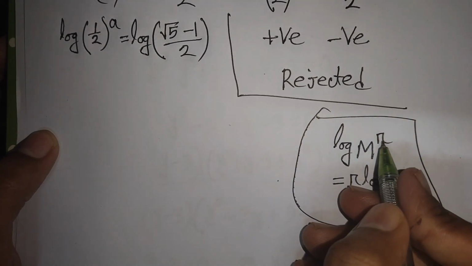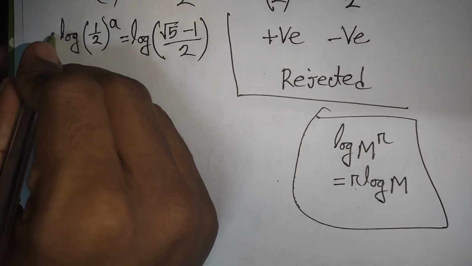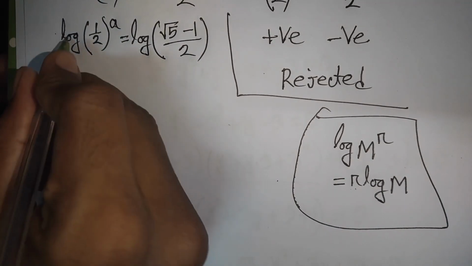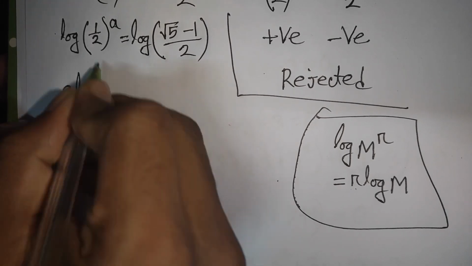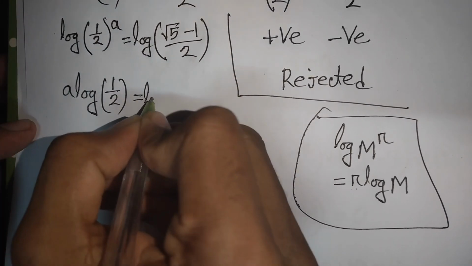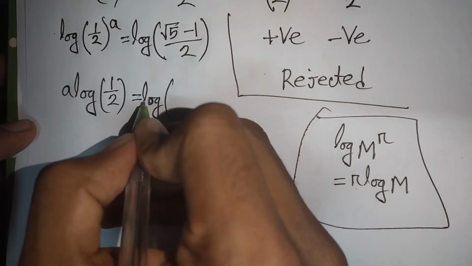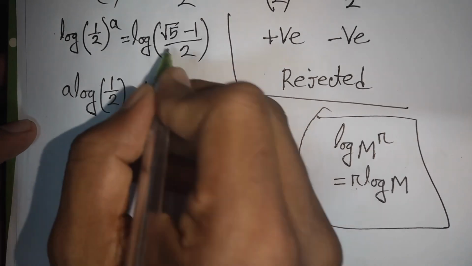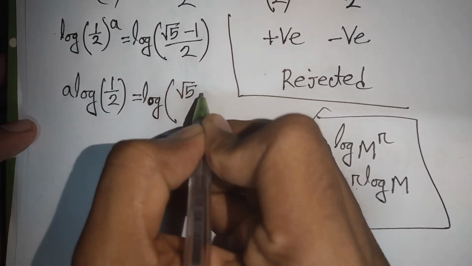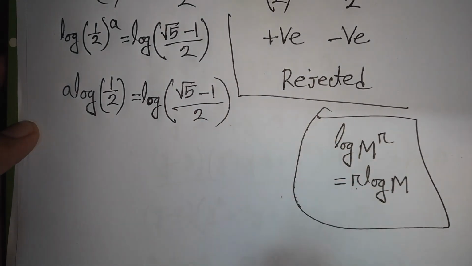That means this power r will move to the front. So this power a will move to the front. So it will be a log 1 by 2 is equal to log of a square root of 5 minus 1 divided by 2.